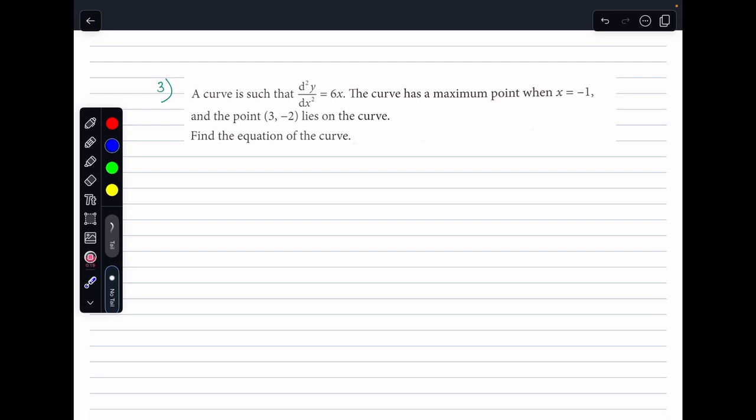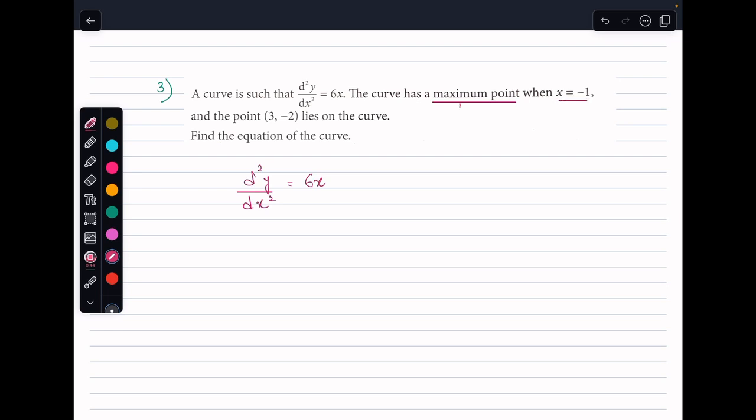The third question says that the curve is such that d2y over dx squared, the second derivative, equals 6x. So let's copy down the data. The second derivative d2y over dx squared equals 6x. The curve has a maximum point when x equals minus 1.